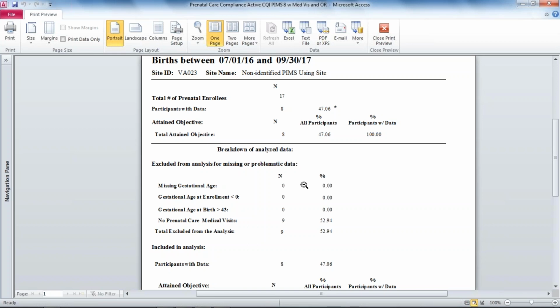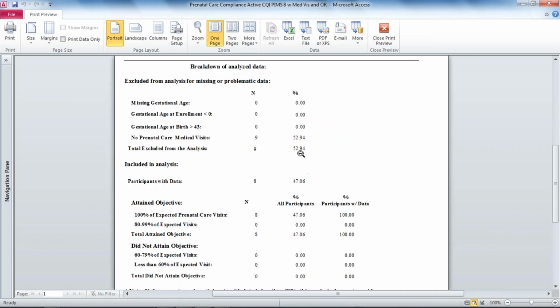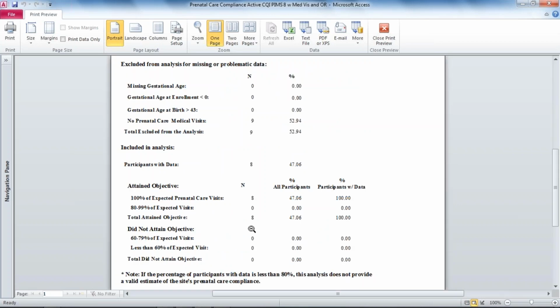The next section of the report gives you the breakdown of who was missing what, and 9 of these participants had no medical visits. They would also not have had the override data, because if they had the override data, they would be included using the override data in this report. And then the bottom part of the report gives you a breakdown of the categories overall.